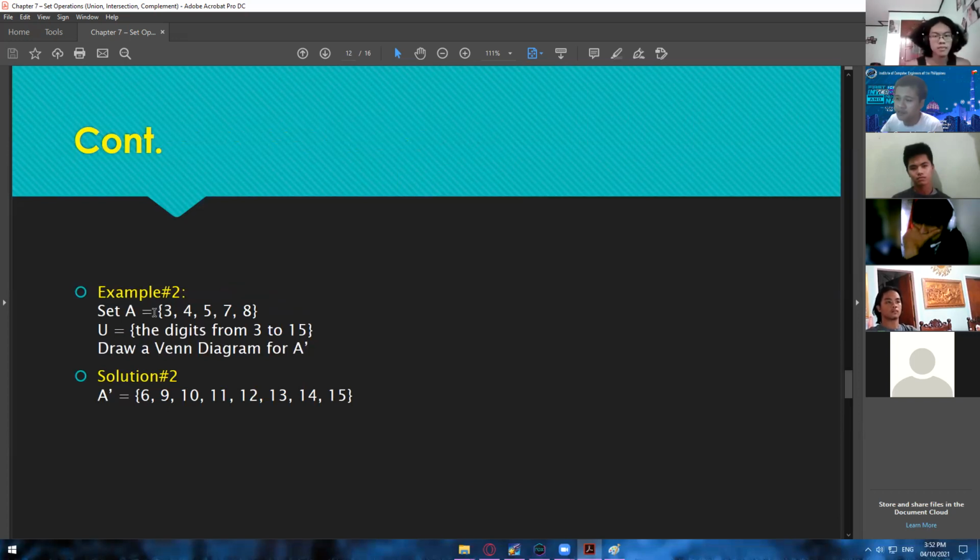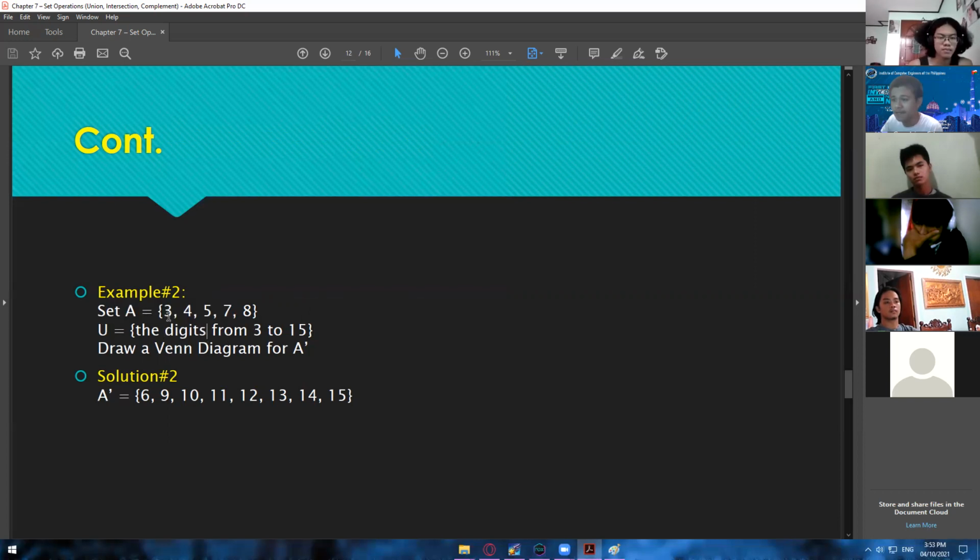We will not start with 0, 1, and 2, since the universal set itself starts from 3. Please do take note of this. It doesn't always start with 0 or 1. Sometimes it starts with 3, and it could also end with 14 or 13. That depends on the given numbers for the universal set.